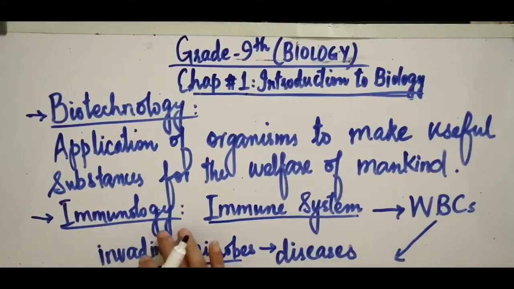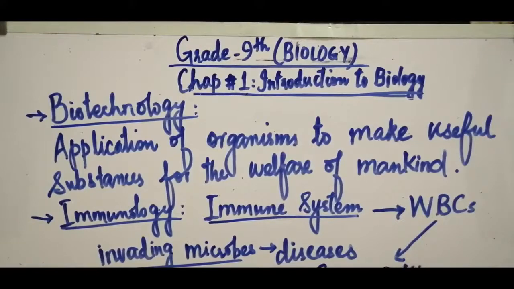So the word immunology comes from the immune system. The immune system consists of white blood cells. These white blood cells are responsible for killing germs which cause different types of diseases. One example which is going on now is the coronavirus.